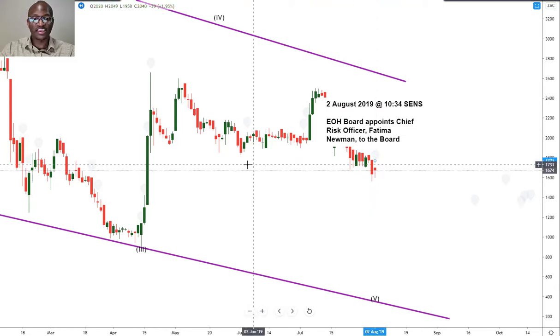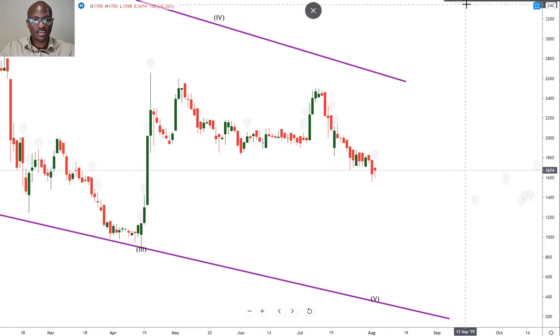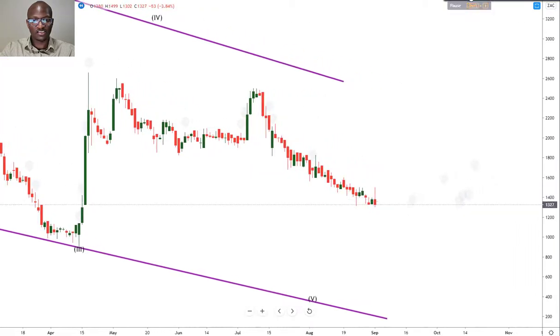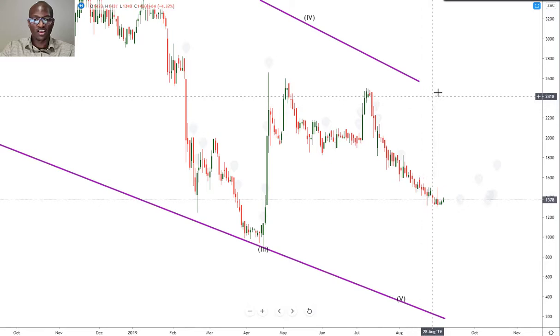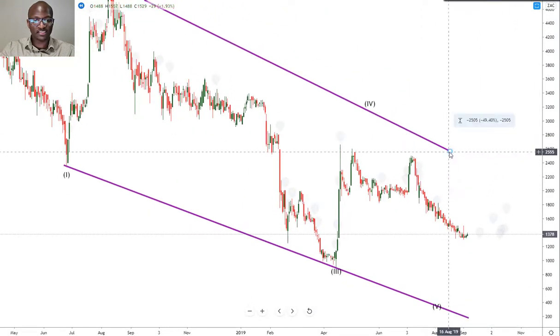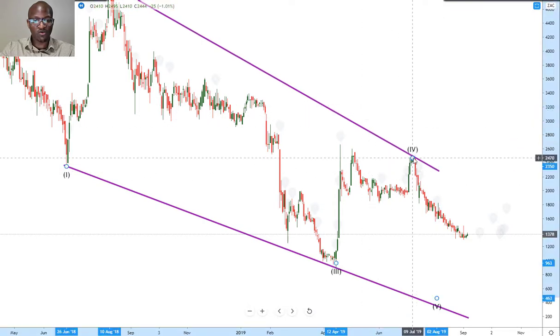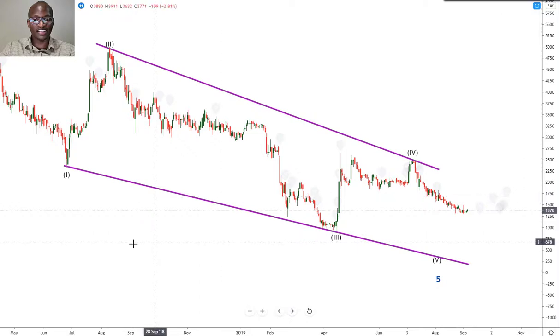Trickles down a bit, and then on the 2nd of August, EOH Board appoints Chief Risk Officer Fatima Newman to the board. And from there on, the market continues trending lower. So at this point in time, it's safe to say that this point here is now wave 4 of the ending diagonal that seems to be forming now.